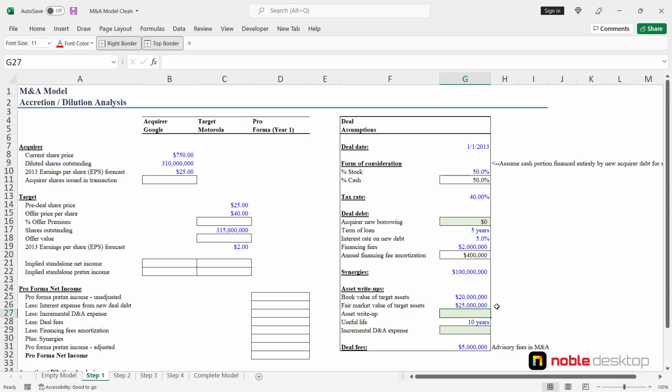So this is a common practice. So for asset write-up here, for the M&A transaction, we're going to subtract one from another and receive $5 million.